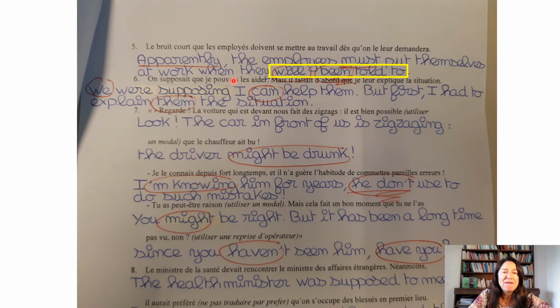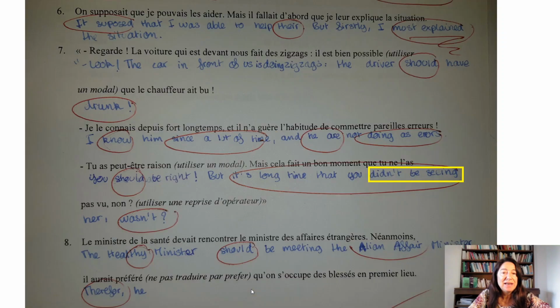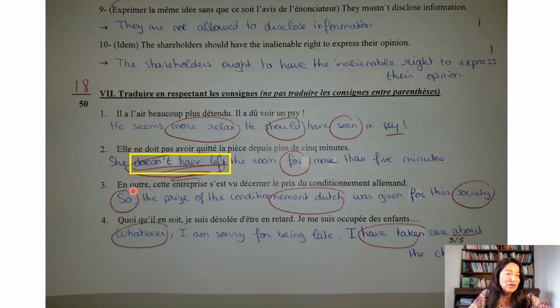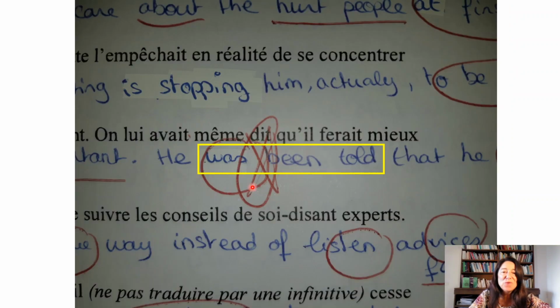Like here we have, "they will be told to." And then another example would be, "you didn't be seeing." Or also when students write, "she doesn't have left." Or "he was being told."